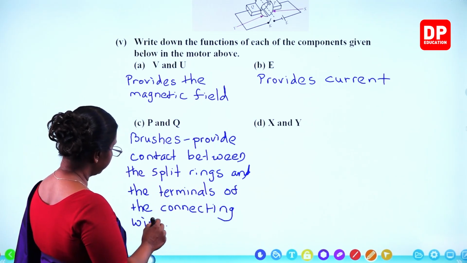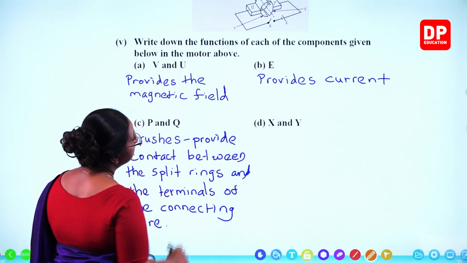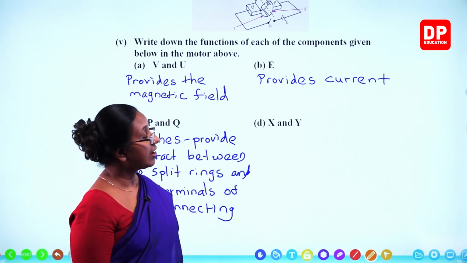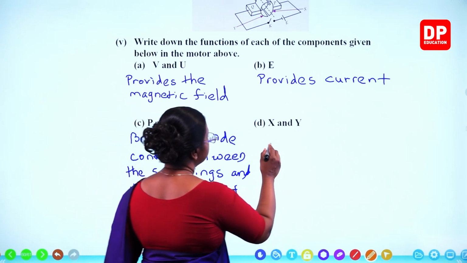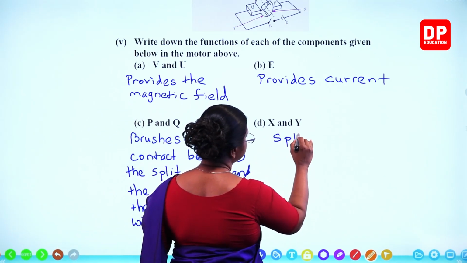So that current can flow. Then X and Y. What are X and Y? The split rings. X and Y are split rings.